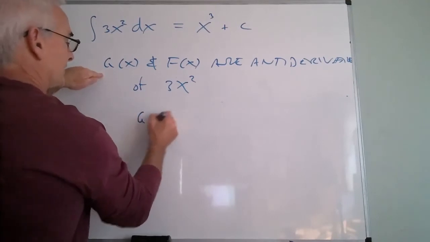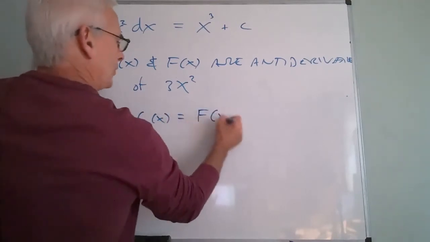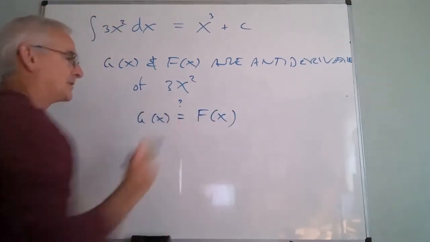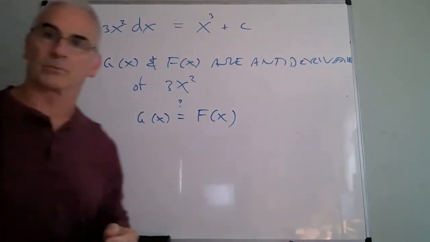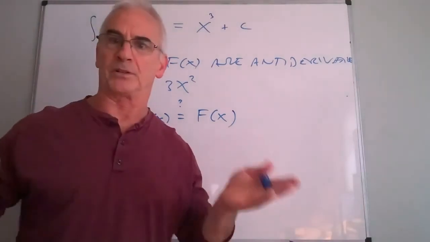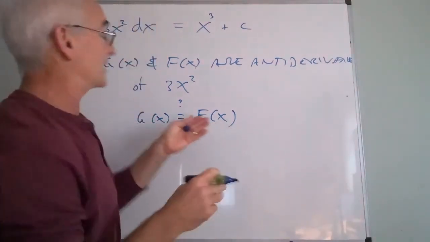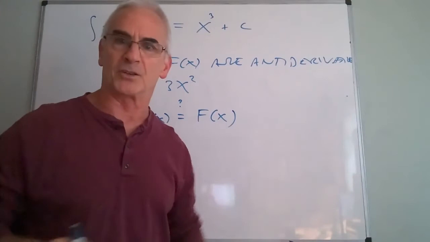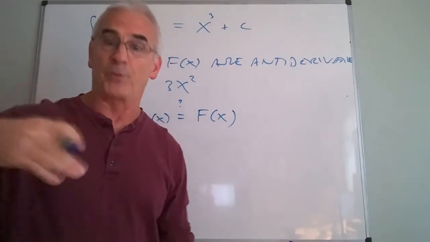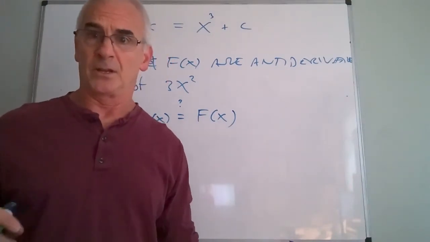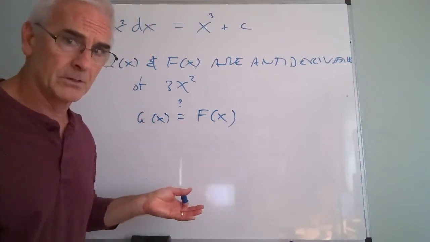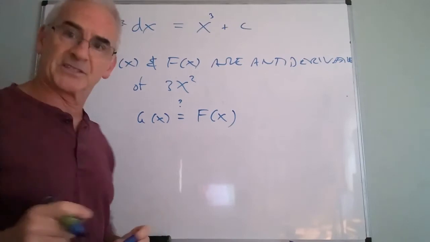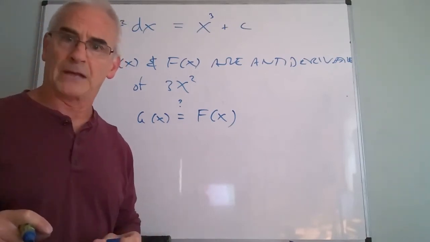Would g of x equal f of x in general? They're both antiderivatives. Nate had x cubed plus 5, and William had x cubed -7, and they've both given correct antiderivatives. Do they have the same answer? No. How do their answers differ?